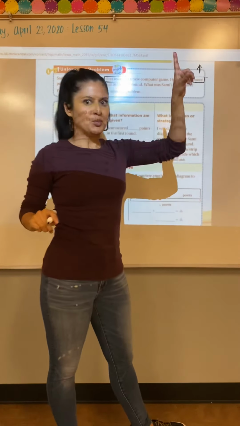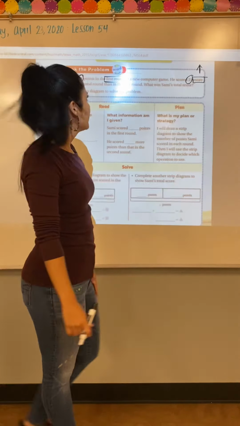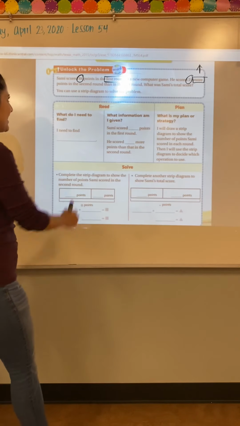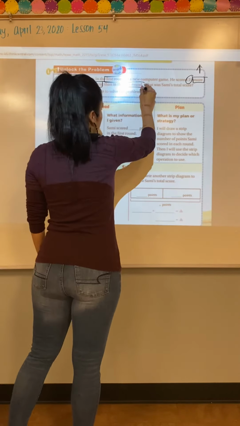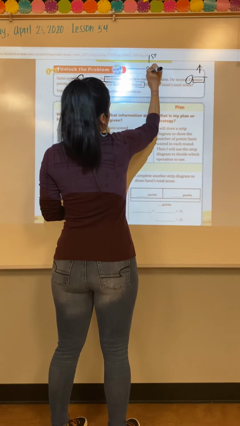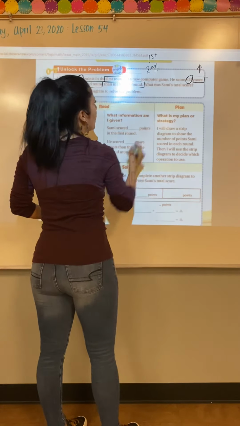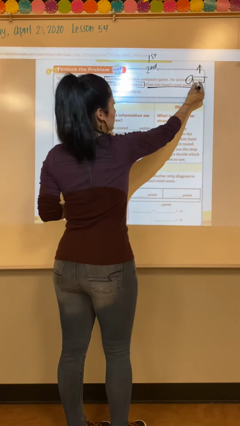So I'm going to put an upward arrow to indicate more. He scored 21 more points in the second round than the first round. So we know that he played 2 rounds, first round, second round. What was Sammy's total score?